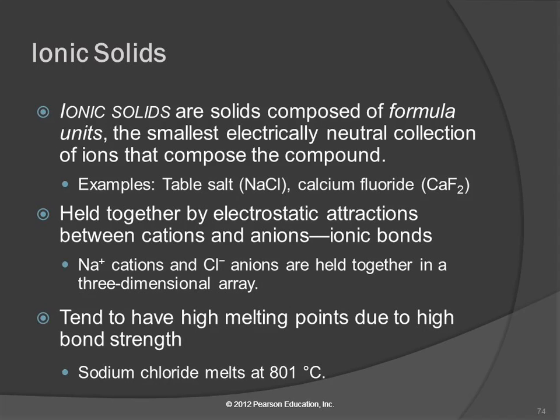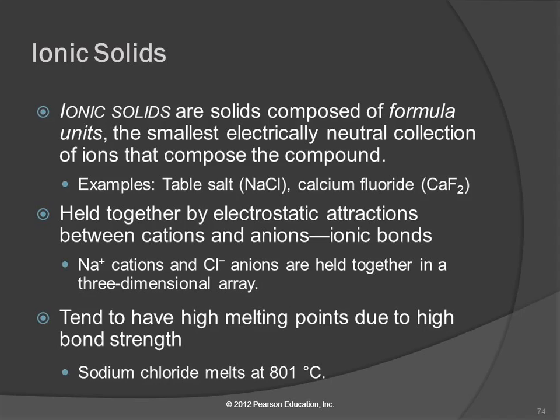Ionic solids, things like table salt, calcium fluoride. These are held together by electrostatic attractions, ionic bonds. And so essentially, the whole piece is one molecule, if you will, because it's the same interactions all the way through. It's ionic bonds all the way through that little salt crystal.